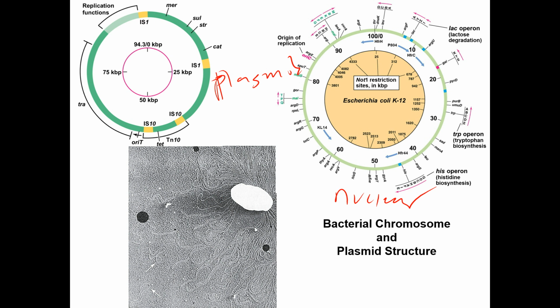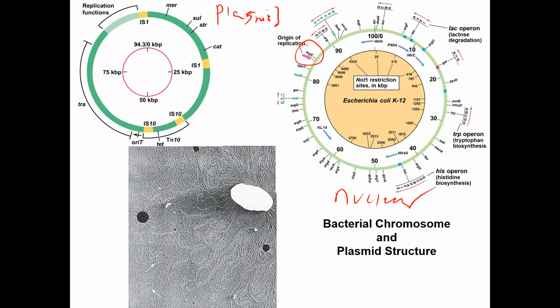Now, looking at the nuclear DNA, it encodes for various genes. Here, the OriC site is the origin of replication. When we start talking about DNA replication, the OriC is where DNA replication begins.